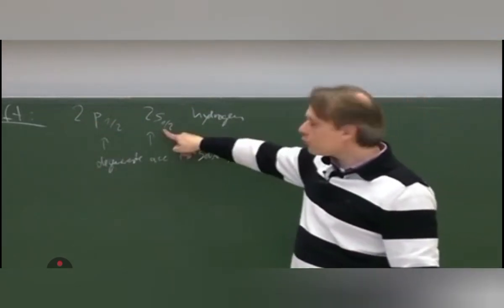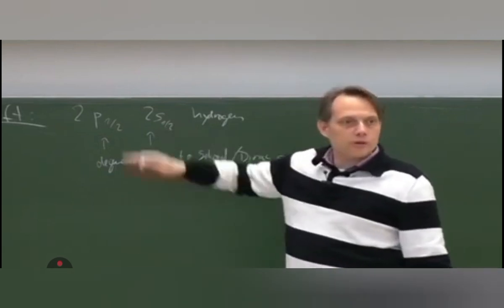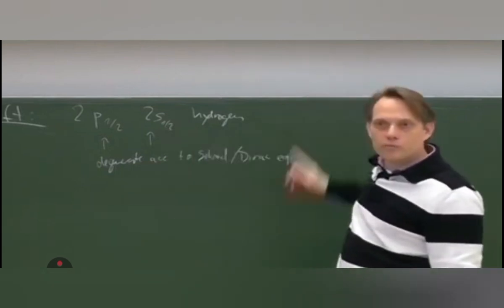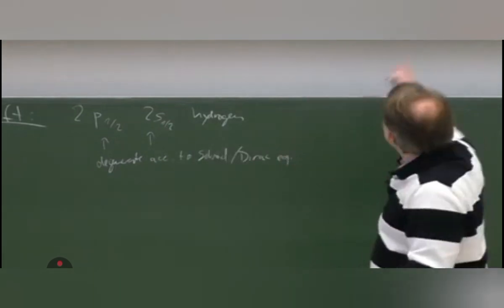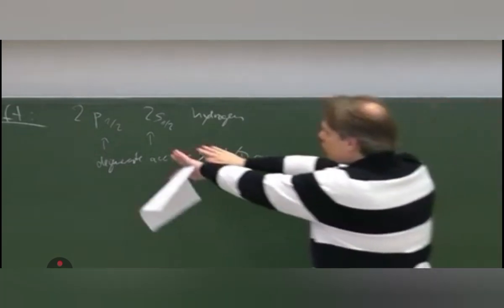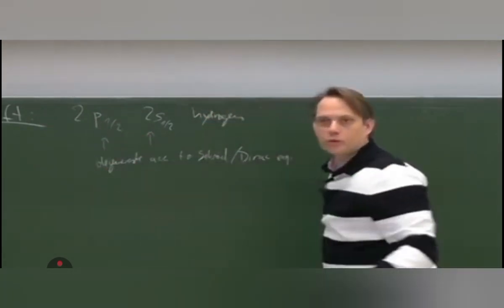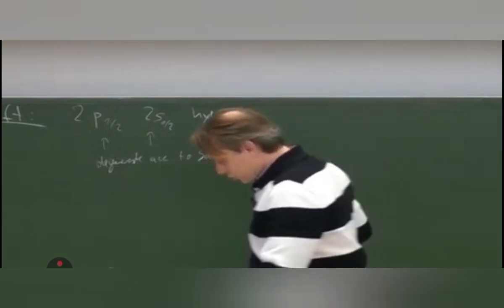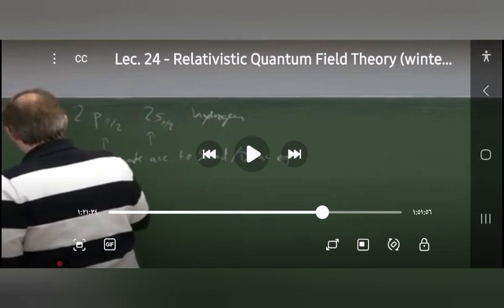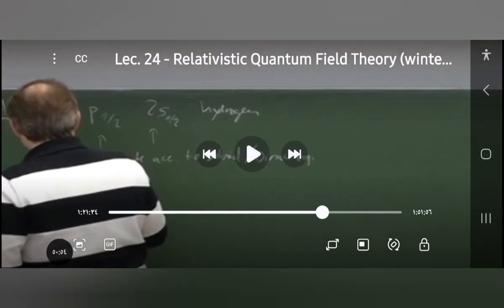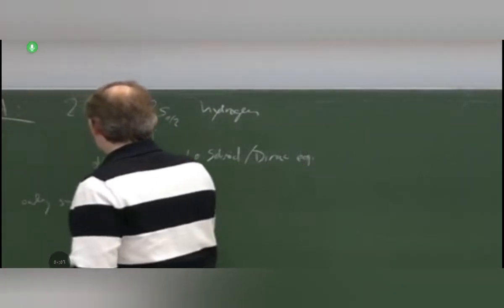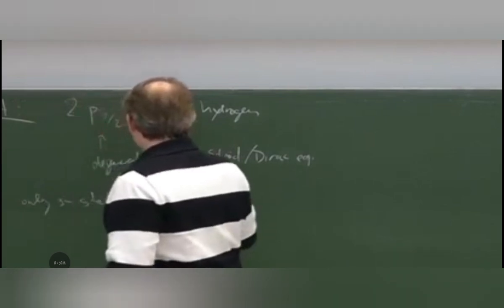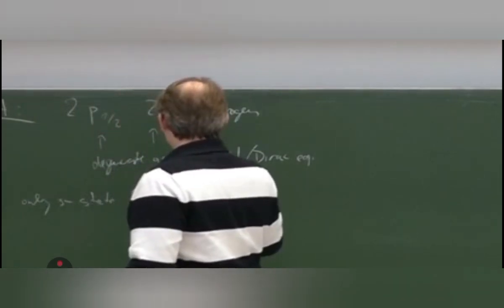The S wave is maximal at the origin and therefore it feels that modification. And so therefore it is clear that this loop correction will split the two levels and there will be a shift. And this is the Lamb shift. Only the S state feels the above correction.